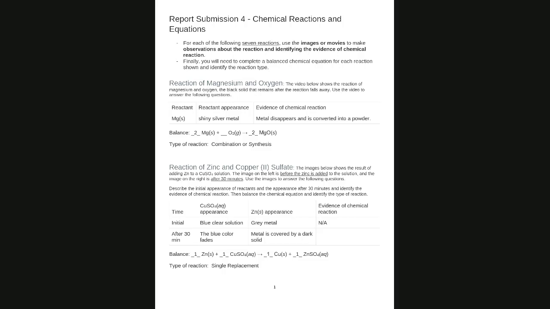This is in a way, now that you went through all my explanation, it should be very simple and you don't have to write much. Pay attention not to miss anything. So you are going to describe what you saw, and then in this case, the metal disappears and is converted into a powder. But this is not actually enough. What is it that you saw actually? Write it down. What is it that impressed you that you are going to say this is a chemical reaction?